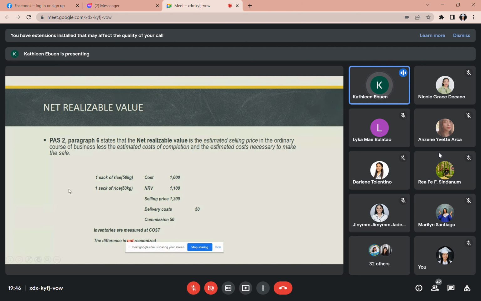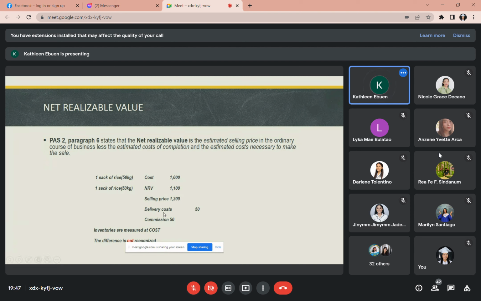Okay, so for example, class, si entity has a business of selling rice. So ang cost niya for one sack of rice is 1,000 pesos. And ang net realizable value naman ng sack of rice is 1,100. Okay, so it is computed as the selling price. So binebenta niya ito sa market at 1,200.